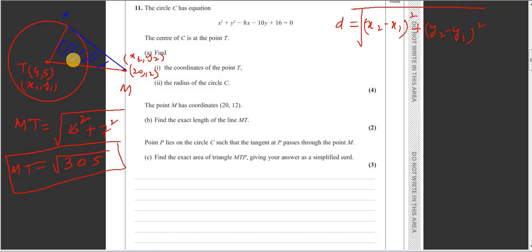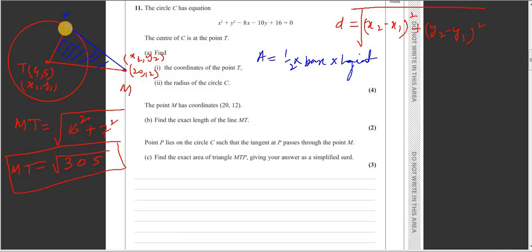We need to figure out the area. So what is the concept? How do you find the area? The general concept is half into base into height. In this case, MP is a tangent line, and TP is a radius.